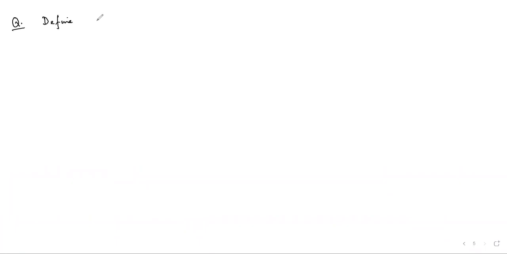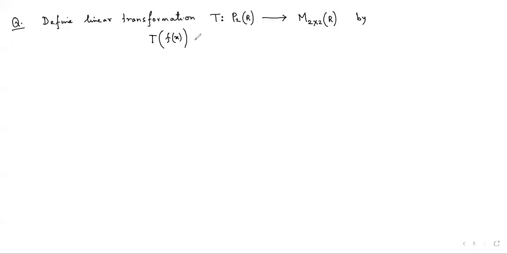Define a linear transformation T colon P2R to M2 cross 2R by the formula T of f(x) is equal to the matrix with entries f(1) minus f(2), 0, 0, f(0).